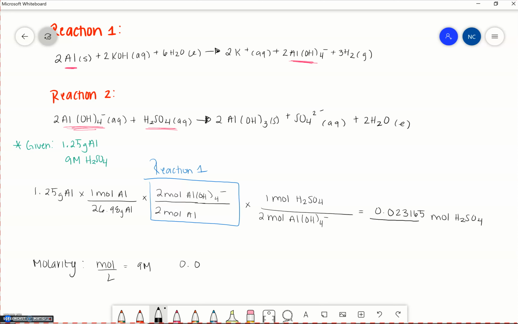So, take the answer we just calculated, and you're going to divide by 9 moles, because that is the concentration, because remember, molarity is moles per liter, but we have to flip it so that way moles cancels out and we get liters.